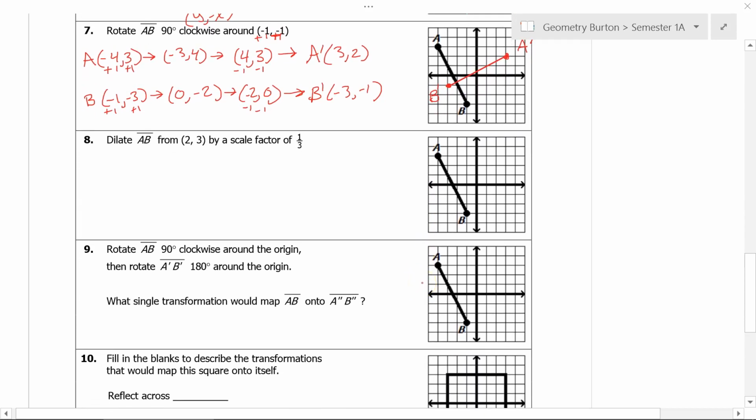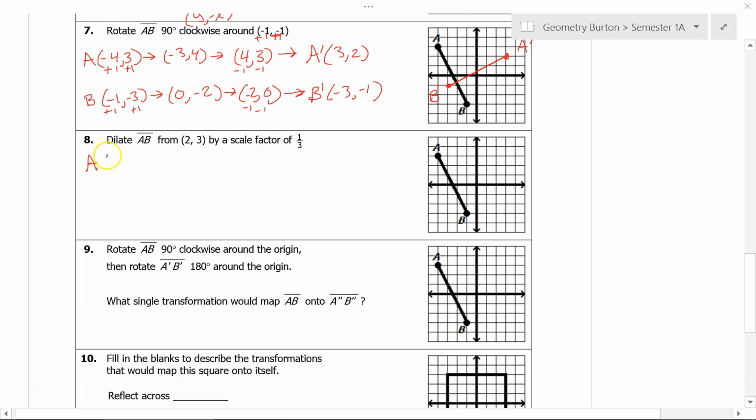Okay. Now we need to dilate from the center 2, 3 by a scale factor of 1/3. So whenever they give me a center that's not the origin, we have to move to the origin and back. Okay, these pictures are the same.